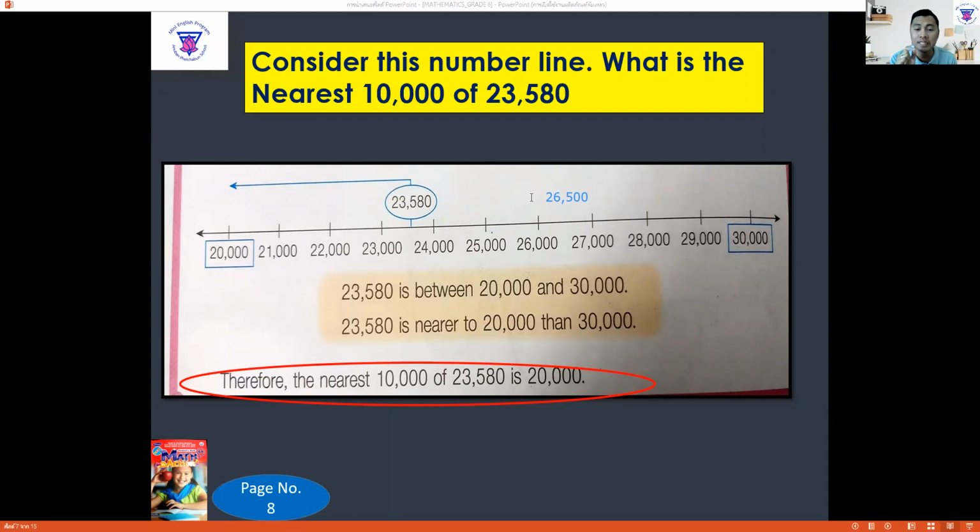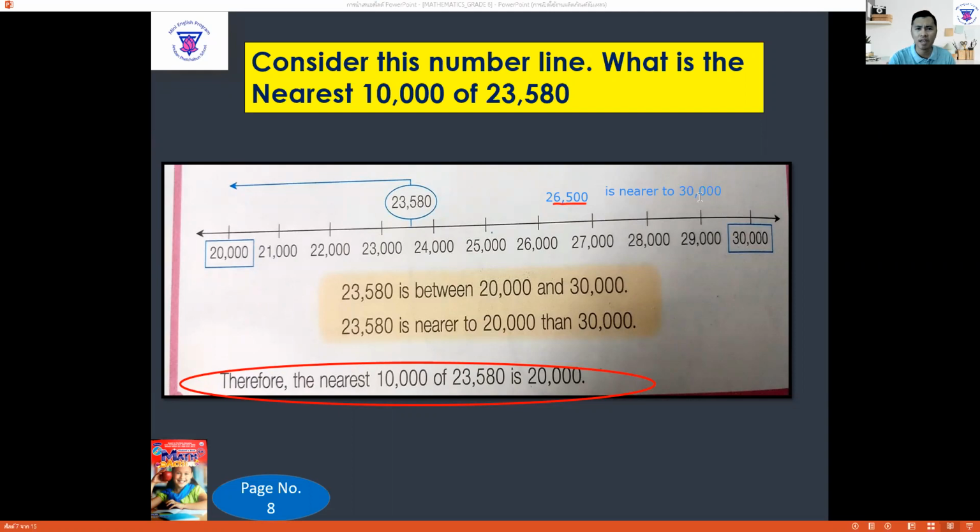Okay, 26,500 is nearer to 30,000. Okay, 26,500 is nearer to 30,000.